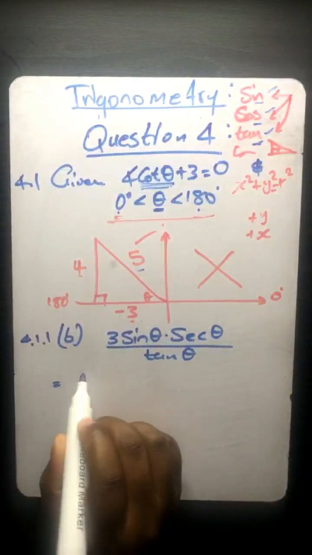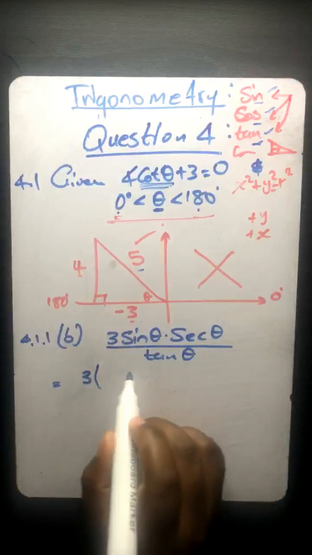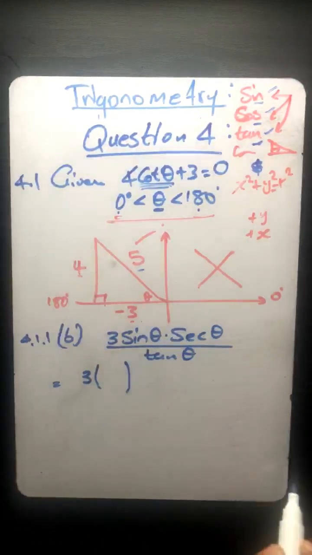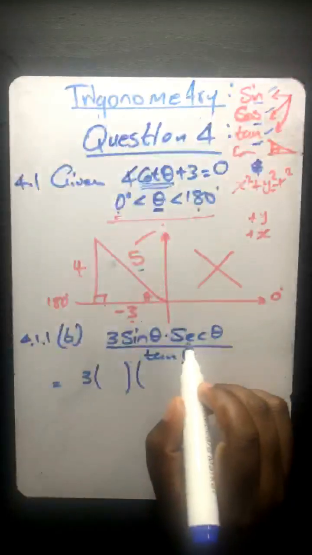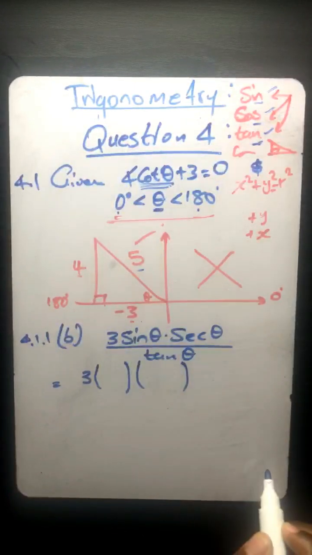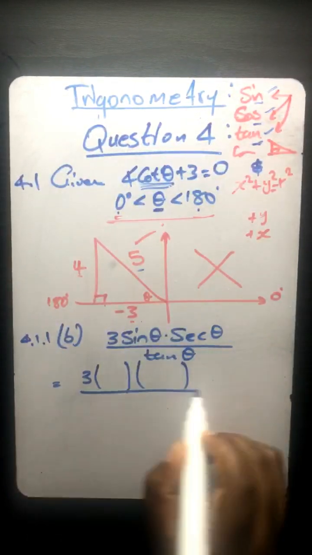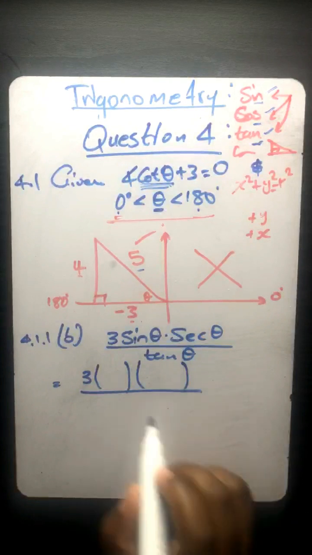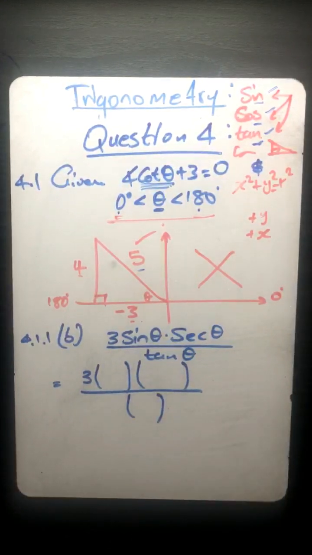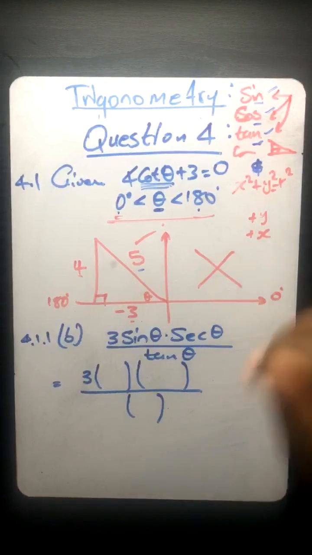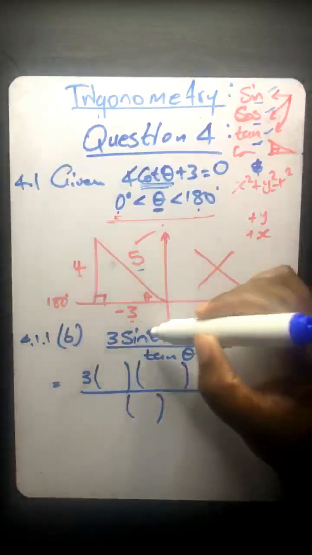That means we have 3 being a number. What is the ratio in terms of x, y, and r for sine? What is the trig ratio for sec in terms of x, y, and r? What is the trig ratio for tan in terms of x, y, and r? Anyone who'd like to give it a try? What is the trig ratio for sine?